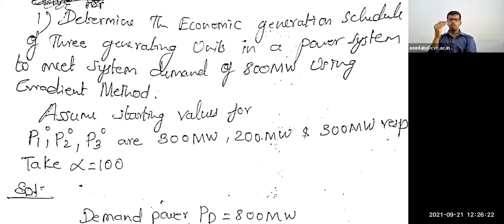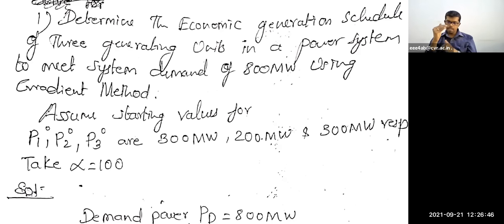You can assume some certain values. In some other problems, these assumed values will also be given beforehand. Or in some other problems, they will give some minimum and maximum operating constraints. You have to choose the values between those constraints alone.